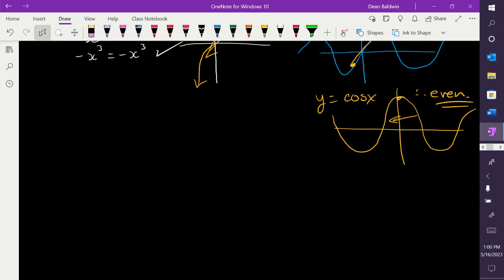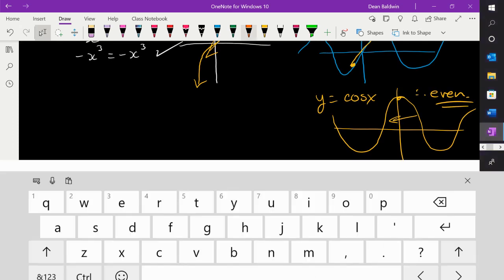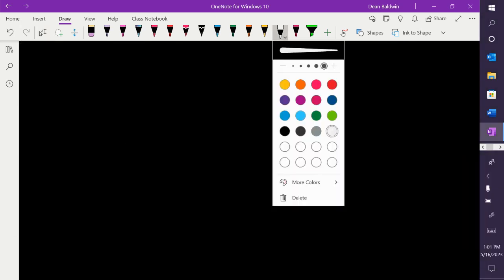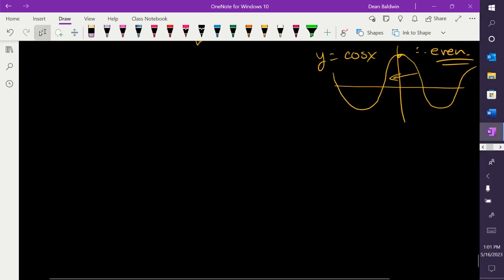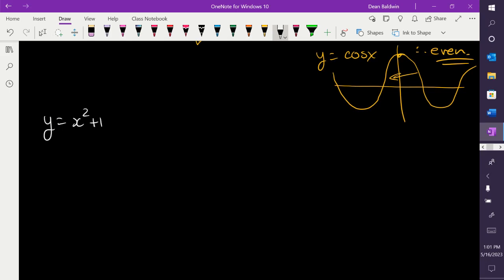Well, let's think about this. We'll think about the very first graph, x squared plus 1. What if I say to integrate it from -2 to 2 of x squared plus 1 dx?